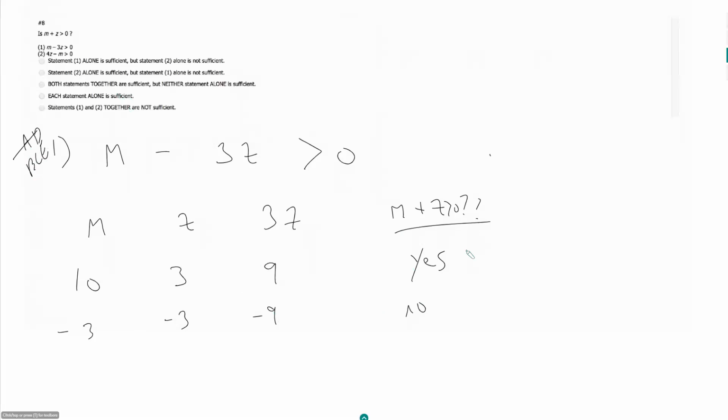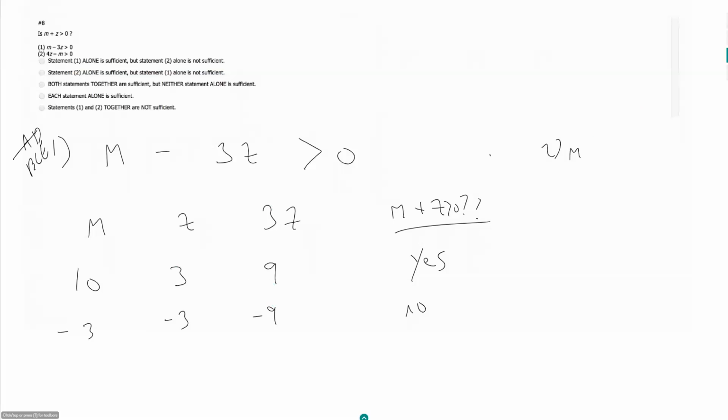Statement 2 says 4z minus m is greater than 0. So this means 4z is greater than m. Okay, so it looks like we can reuse this example here.